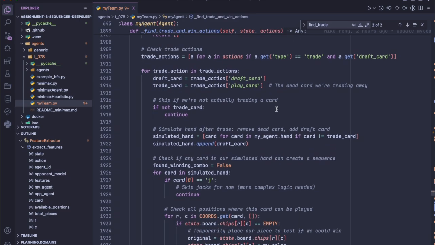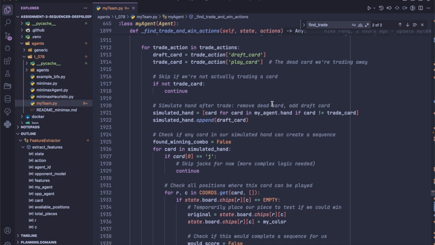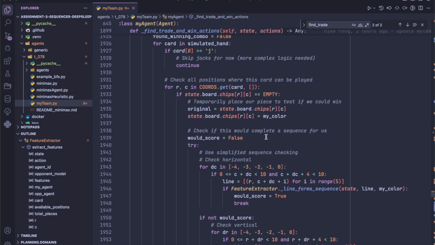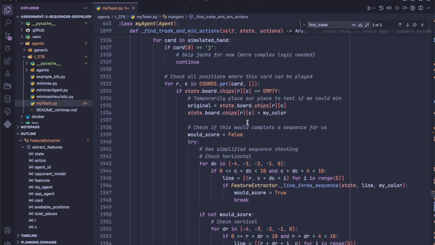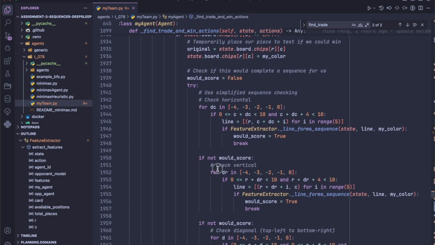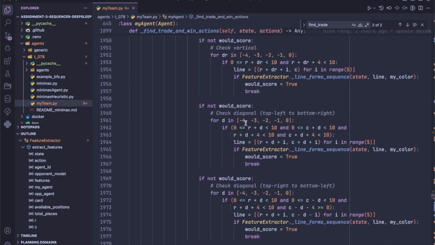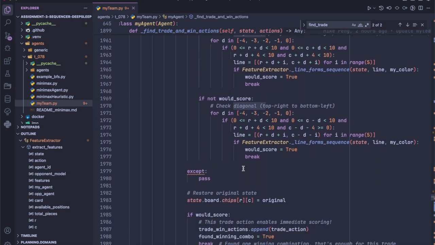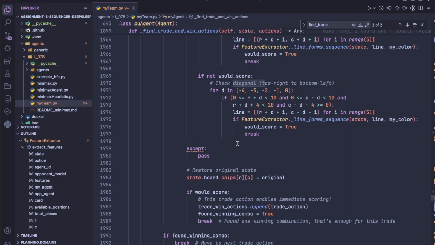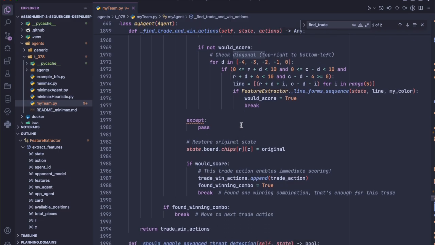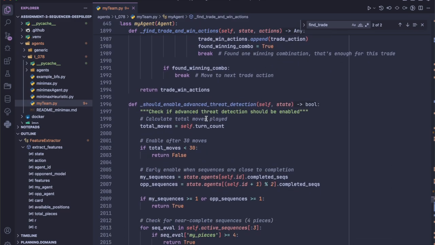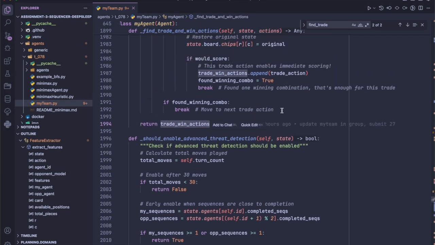It tests all possible positions for each card using a temporary replacement, and it will check all 4 directions, like vertical, horizontal, and diagonal. I think that's actually eight directions, and after that it will give back a list of trade win actions.